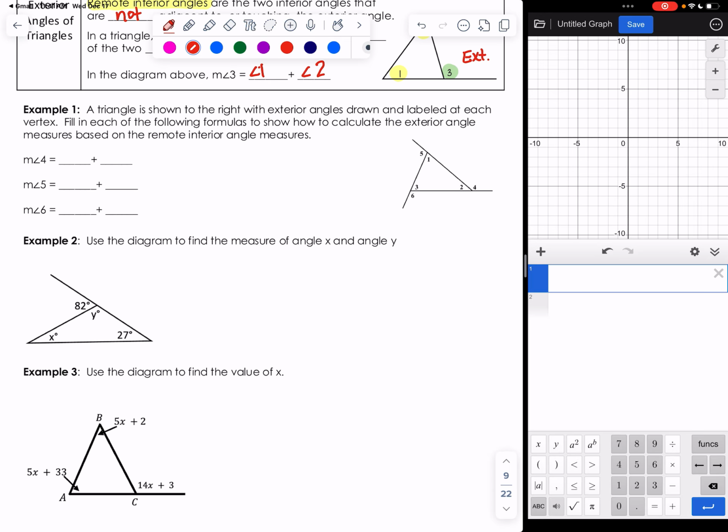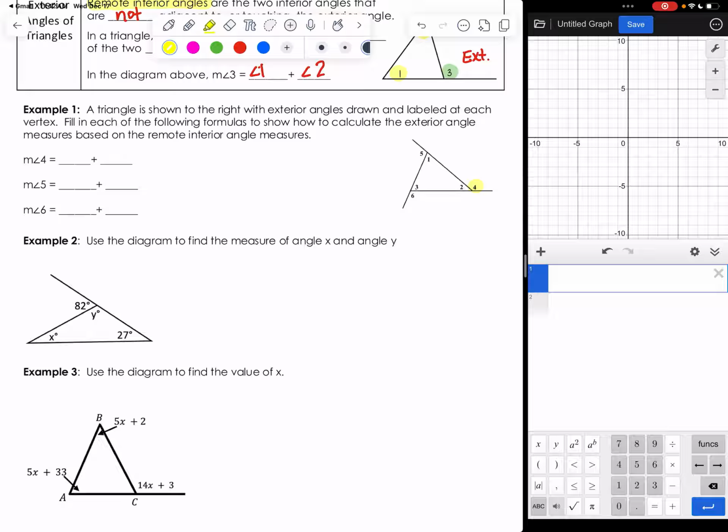A triangle is shown to the right with exterior angles drawn and labeled at each vertex. Fill in each of the following formulas to show how to calculate the exterior angle measures based on the remote interior angle measures. If I was looking for angle 4, I would not want to use any angle that was touching angle 4.